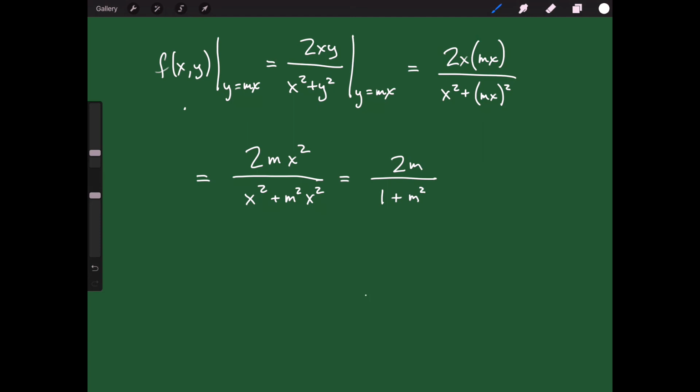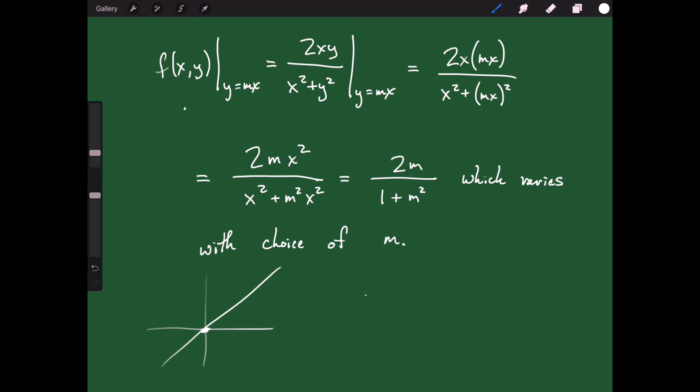So what I'm seeing here is that this varies with my choice of m. Depending on what path I travel through the origin, if I take one line, I get one value.